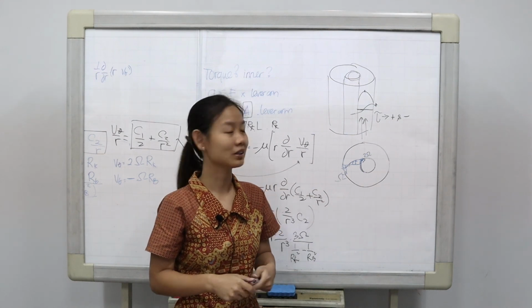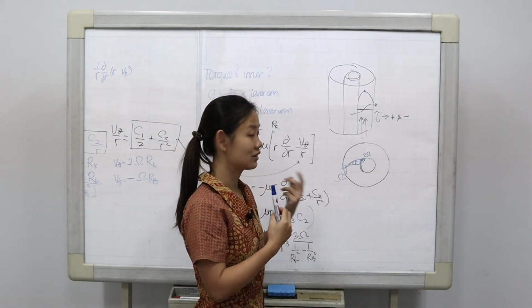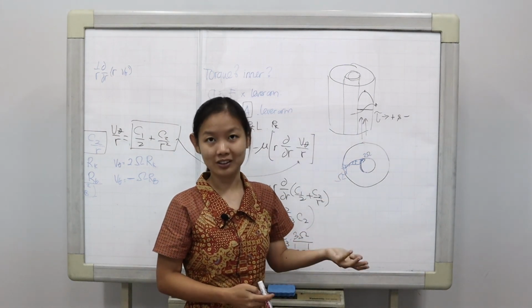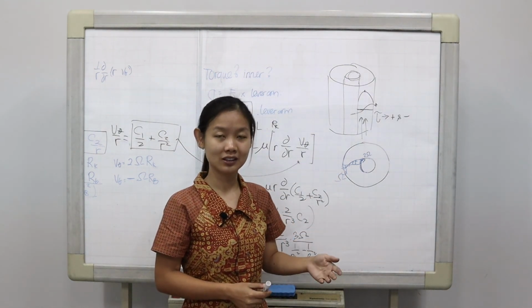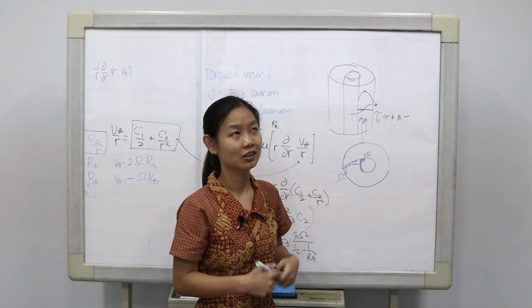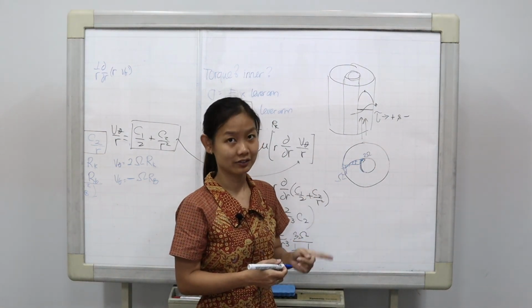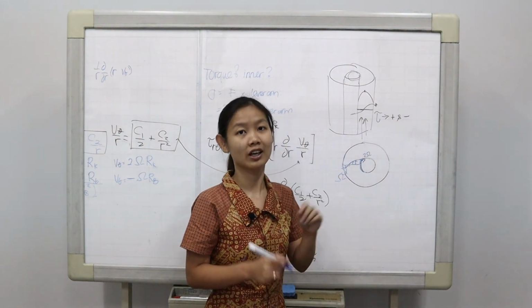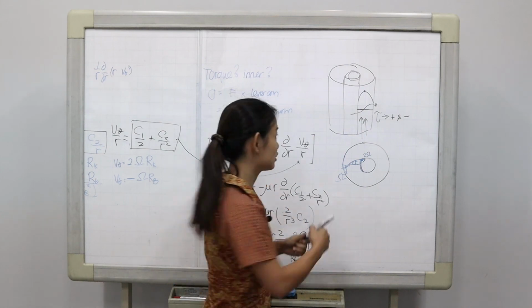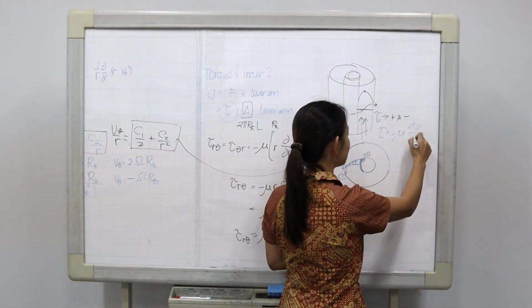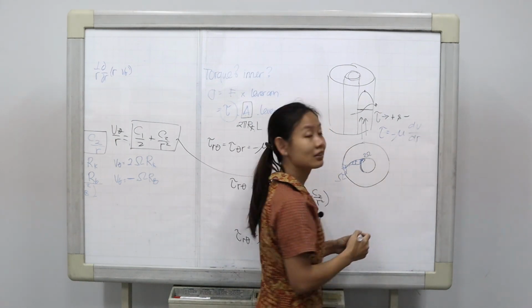Similar to the strategy we used for the previous case: look at the velocity gradient. If the velocity gradient is positive, you will have negative tau. If the velocity gradient is negative, you will have positive tau, because tau is minus mu times the velocity gradient.